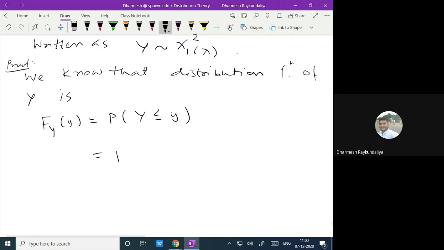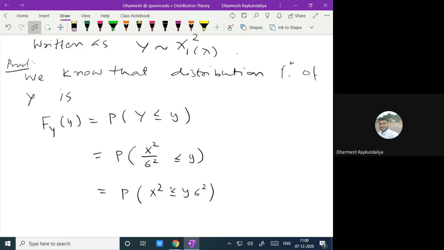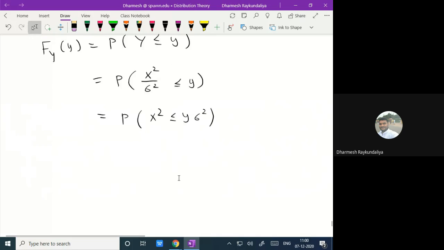What is Y? Y is X square upon sigma square, less than or equal to y. So it is the probability that X square is less than or equal to y sigma square. If you take the square root on both sides, what will you get? The absolute value of X is less than or equal to root y sigma.